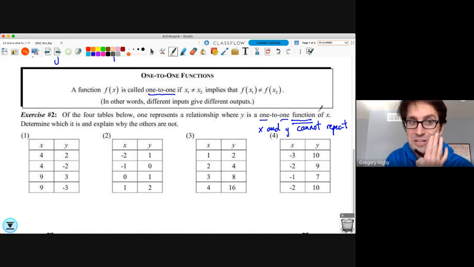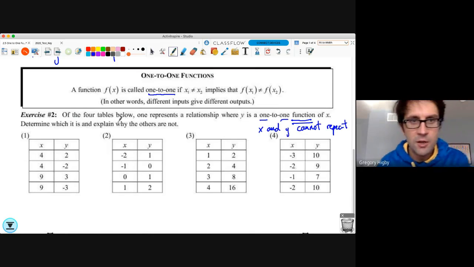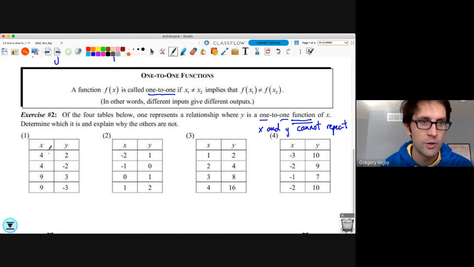So as I'm looking at this problem, it is multiple choice to determine which is 1 to 1 and explain why the others are not. Well, as I'm looking at this first one, the x values repeat, so therefore it's not even a function. So if it's not a function, how can it be a 1 to 1 function?